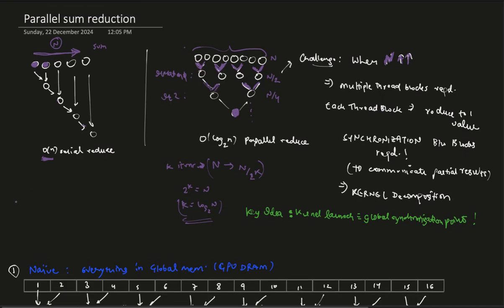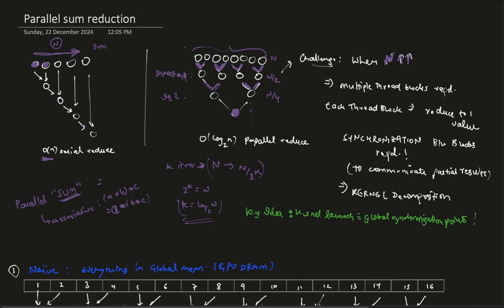And note that while in this case I'm discussing parallel sum reduction, this same technique applies to any sort of associative operation, which follows the pattern that a operator b operator c gives the same answer as a operator b operator c grouped differently.